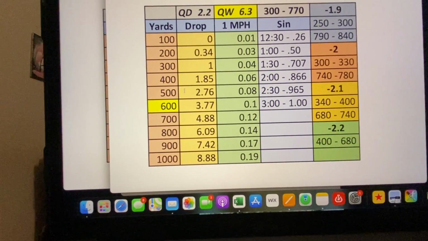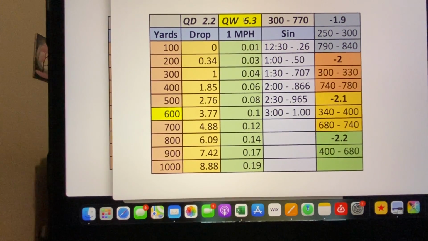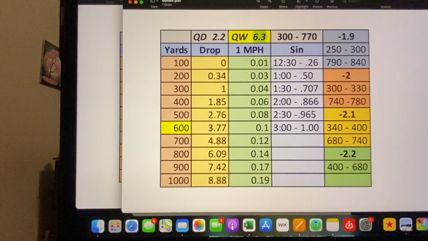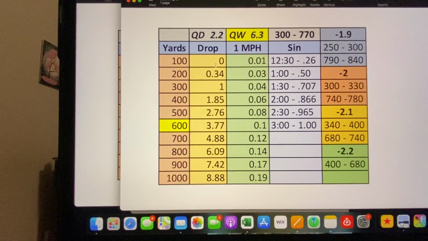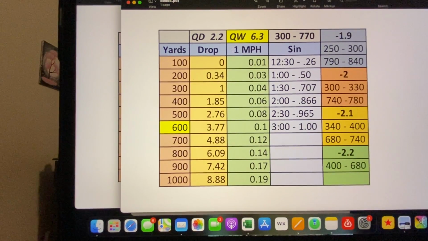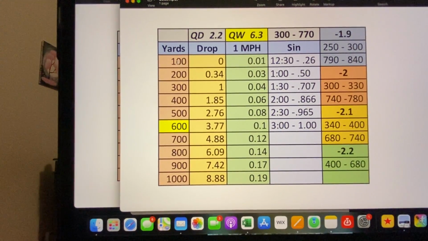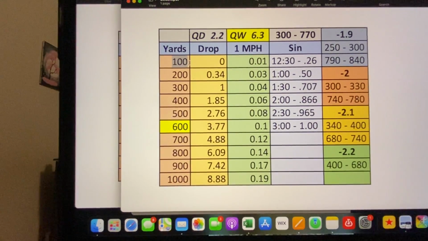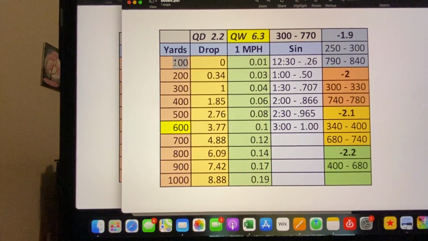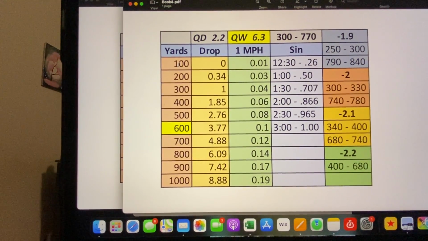Anyway, quick wind is, we take a certain wind number in feet per second. In this case, it's going to be 6.3. What that does is give me, at 100 yards with a 6 mile an hour wind, my wind hold. It's by 1/100th. So I know a 6 mile an hour wind at 100 yards is 0.1 mil.